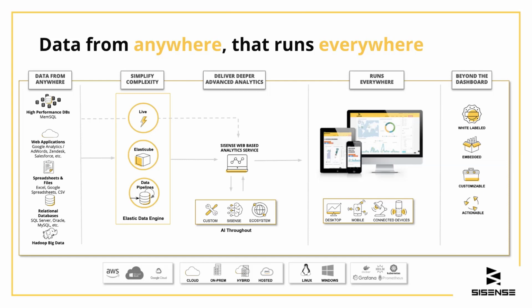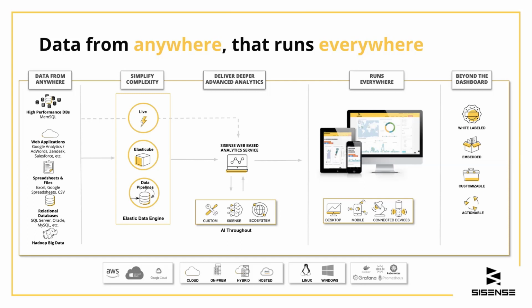We have AI throughout the application, supporting analytics and data modeling, and we're also able to customize the application entirely to support the ability of running anywhere. We can run on a desktop, on a mobile device, as well as integrations with IoT devices like Alexas and smart light bulbs.